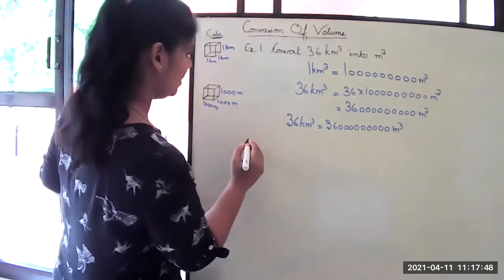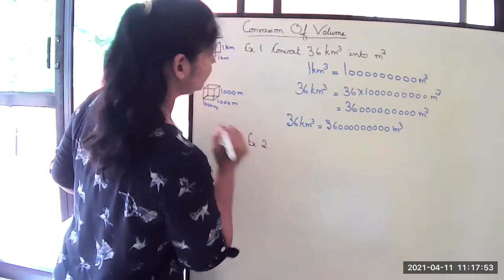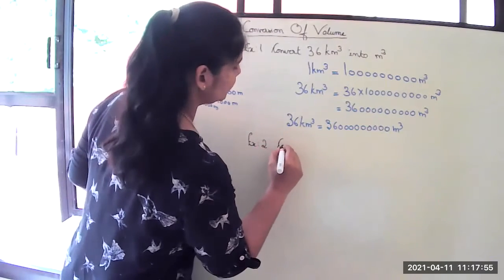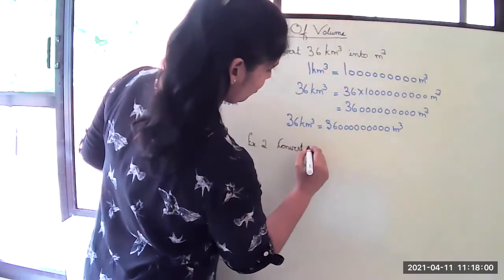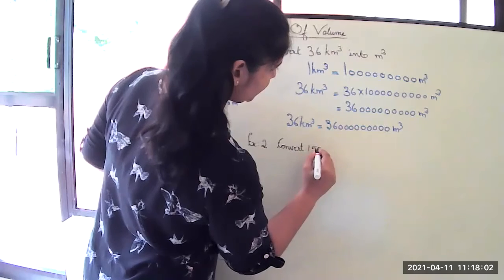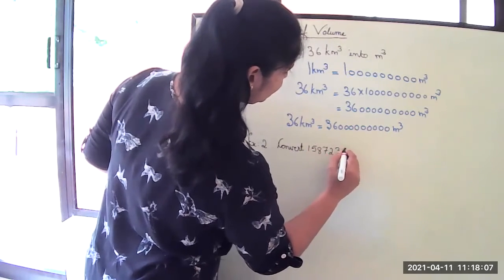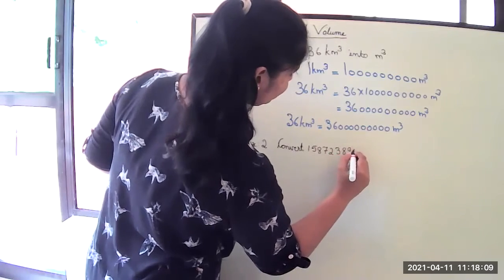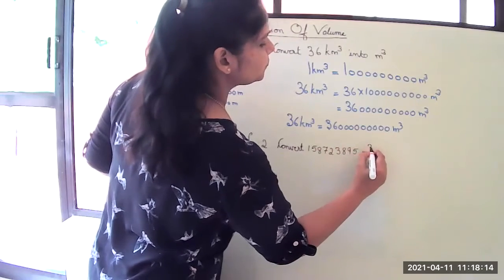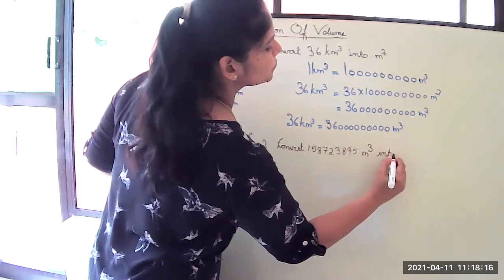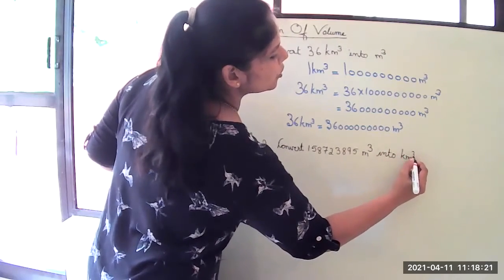Now let us see one more exercise. Convert 158723895 meter cube into kilometer cube.